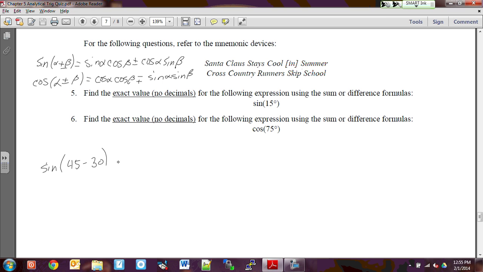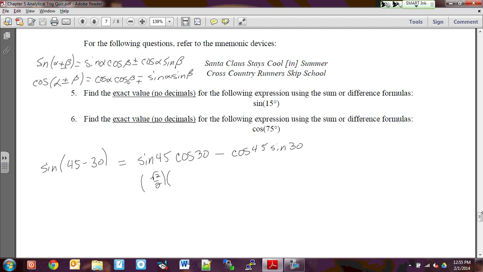So we're going to have the sine of 45 degrees times the cosine of 30 minus the cosine of 45 degrees times the sine of 30. So the sine of 45 is square root of 2 over 2.